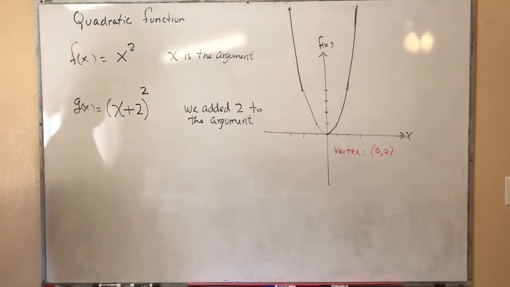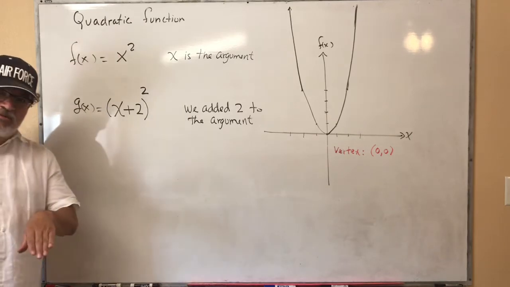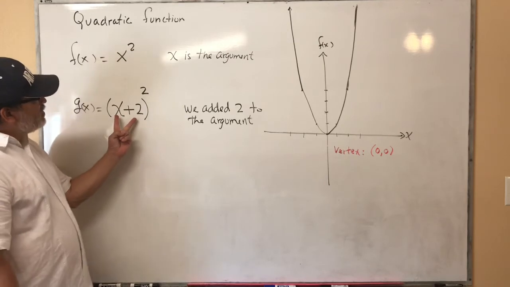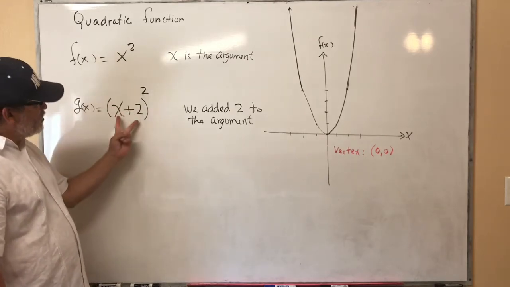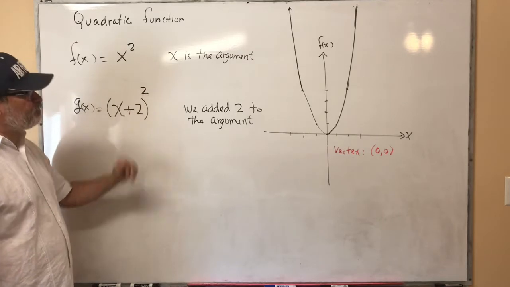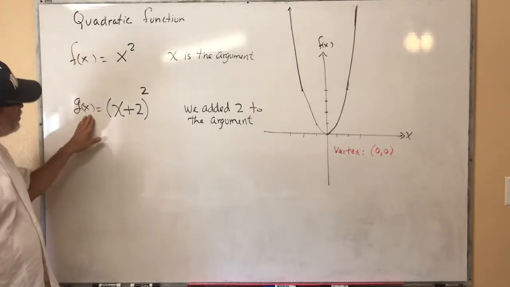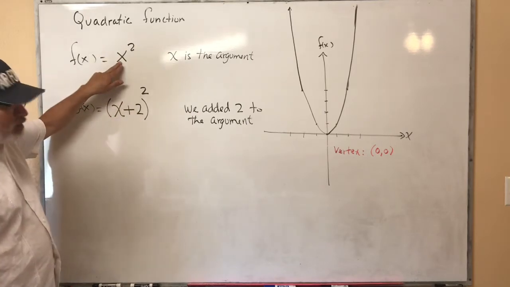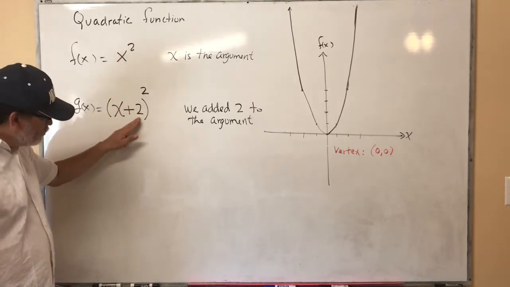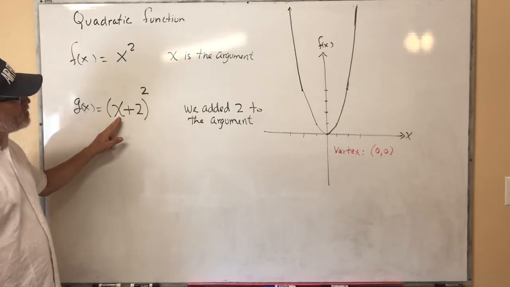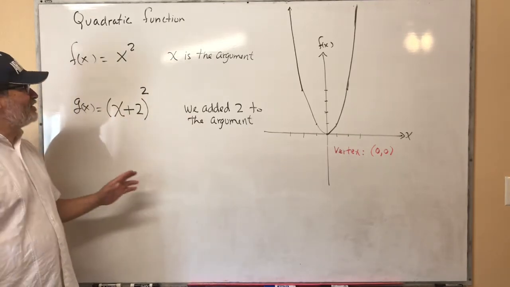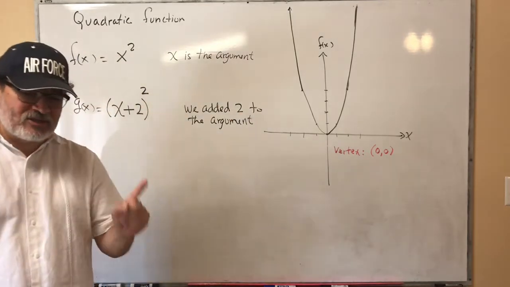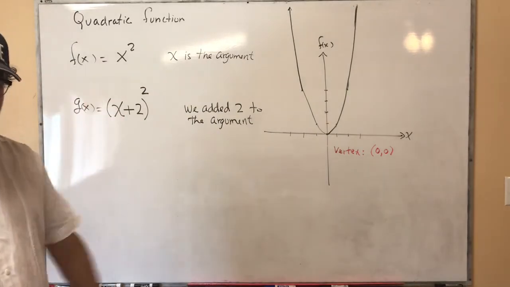It's a function. We know this is a new argument because it's being squared. This x plus 2 is being squared. What this 2 will do to this x squared, if you add 2 to the old argument and you square all of that, is shift this parabola 2 units to the left.